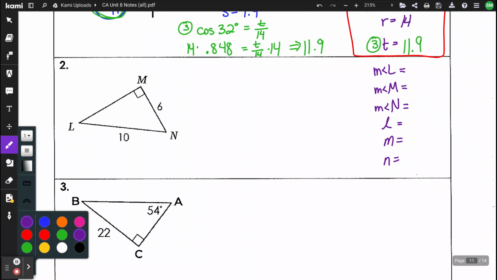The little letters are opposite the big letters. So if this is angle L, 6 is going to be side little l. It's opposite of big L. That also means the little m is going to be 10. And we know angle M is 90.